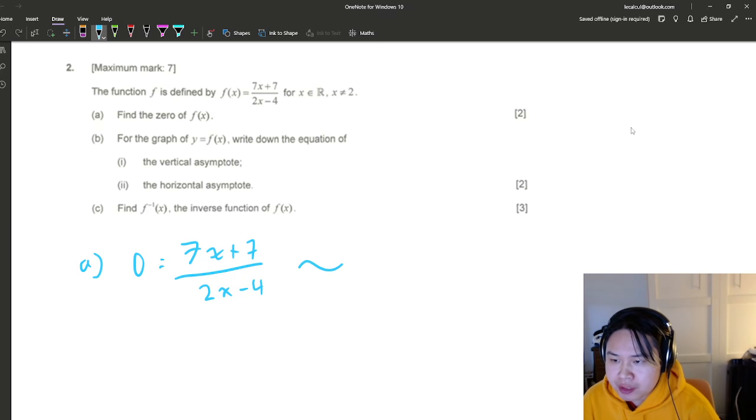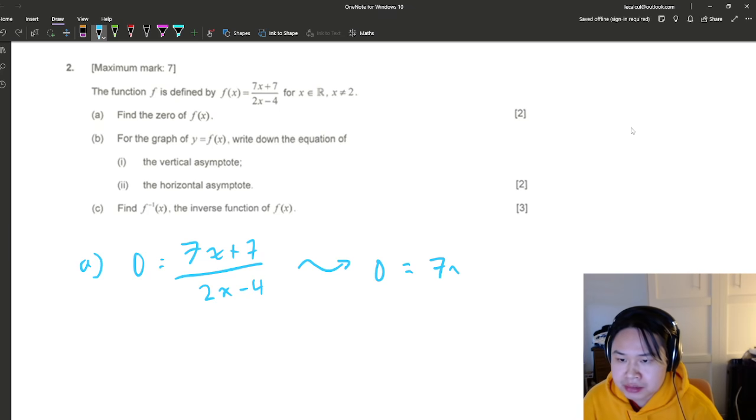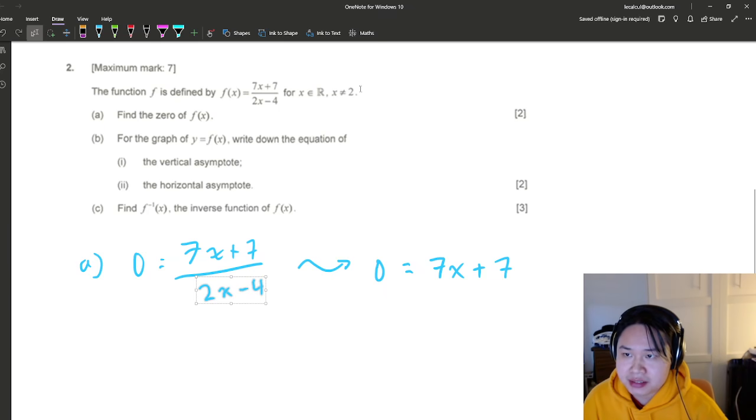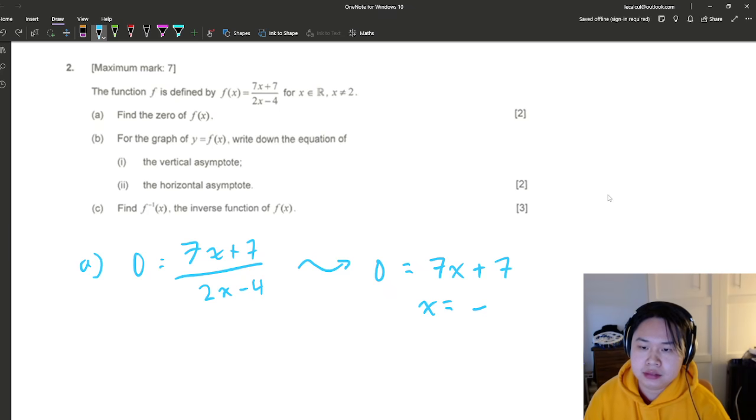And whenever you do have a rational function, essentially for it to be equal to 0, the numerator needs to be equal to 0. And as long as your value for x that you get is not the non-permissible value, so in this case 2, then you're fine. So from here you can solve for x, and then you'll see it'll be -1.